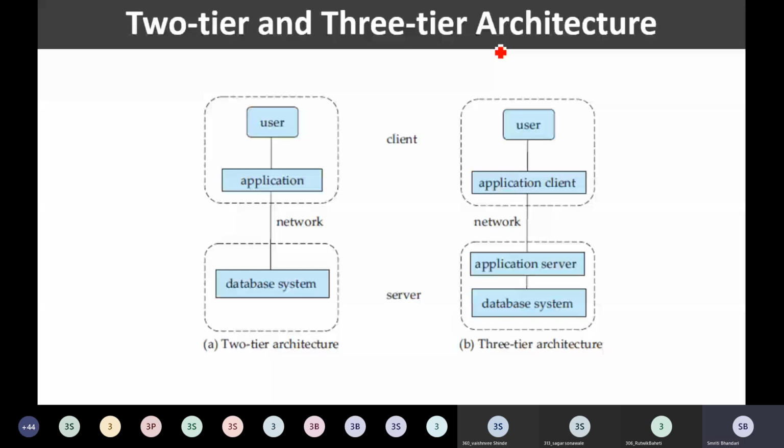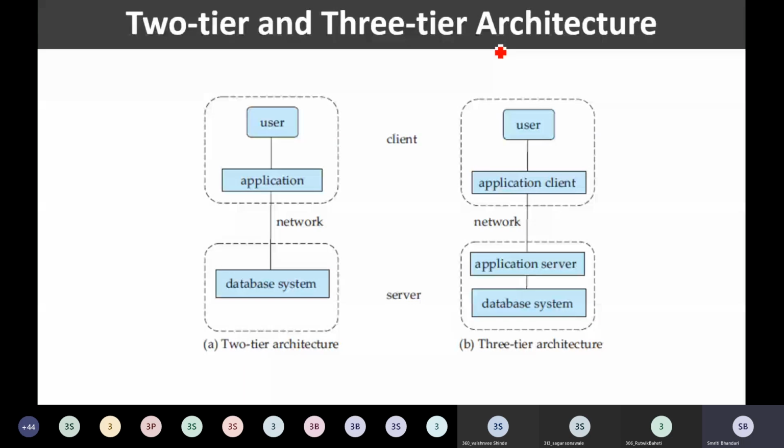Most of the users of a database system are actually making use of the database system remotely. Nowadays we have systems that are distributed. The users of the database system are not present at only one site of the database system, but they are connecting to the database system remotely through a network, right?